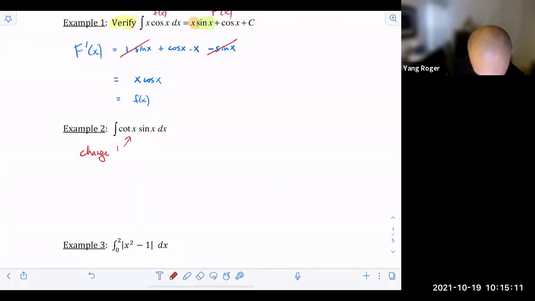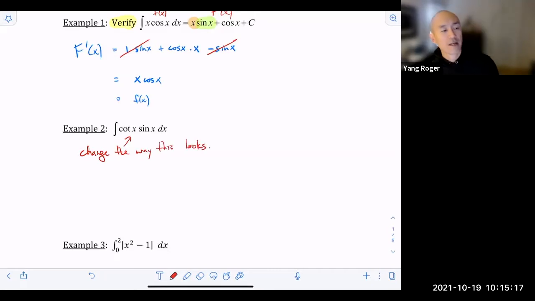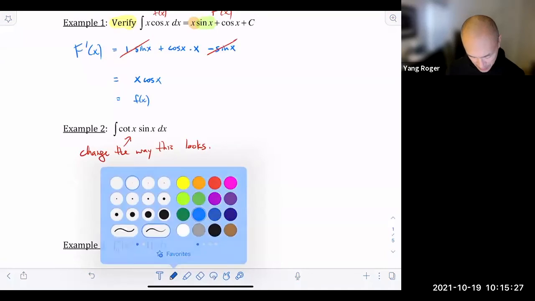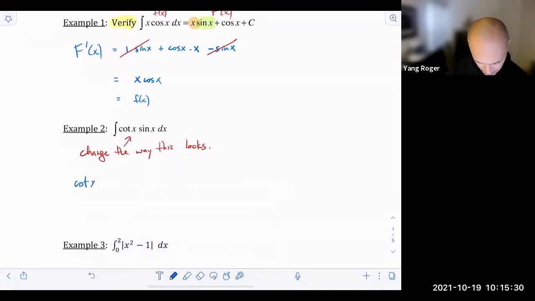How am I going to change the way it looks? I probably want to use a trig identity. It turns out that cotangent of x has a trig identity called a quotient identity. Does anyone know what the quotient identity of cotangent of x is?